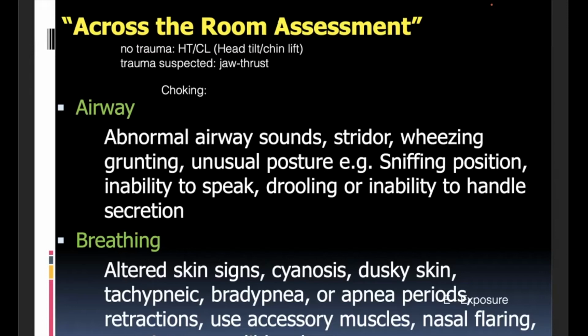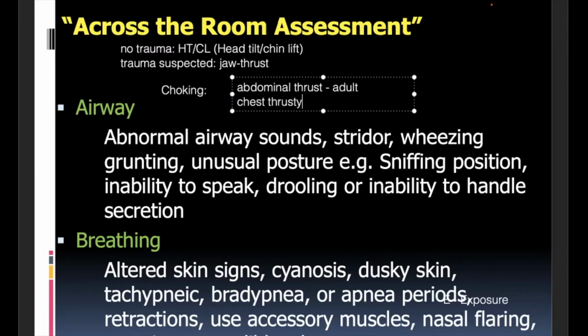Okay, if the patient is choking or unable to cough or make sound, what we're going to do, I hope you still remember, is the chest thrust or the abdominal thrust. We usually do the abdominal thrust if the patient is an adult, and we do the chest thrust if the patient is most likely in late pregnancy.